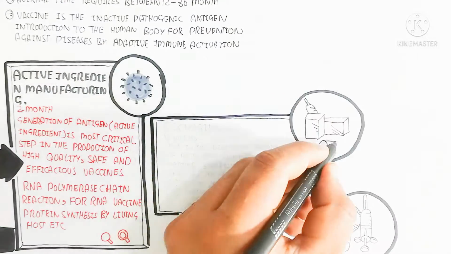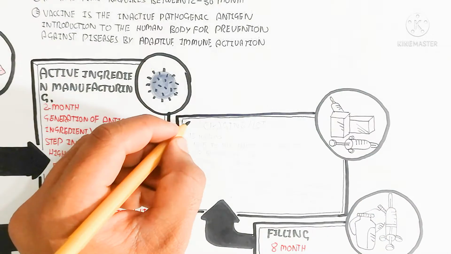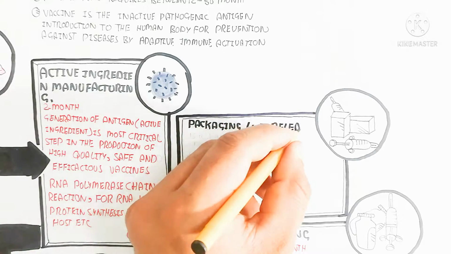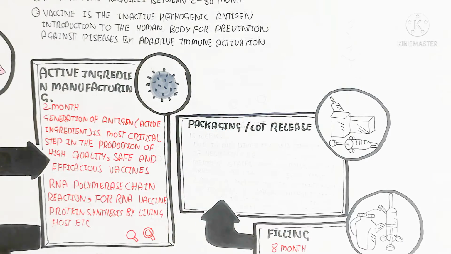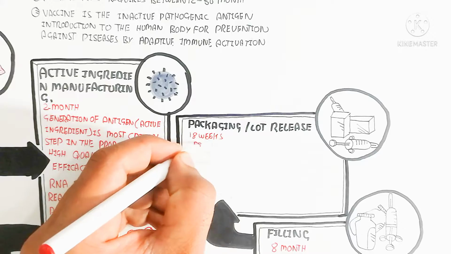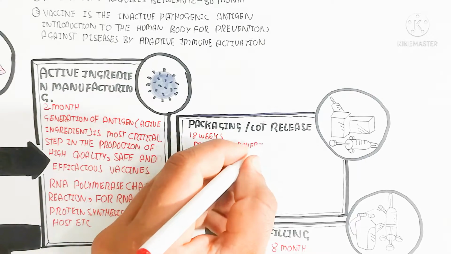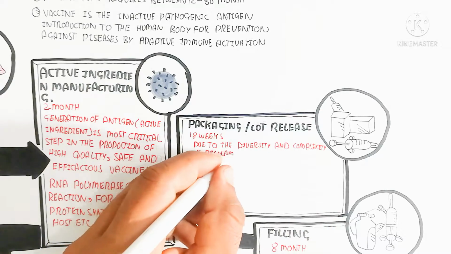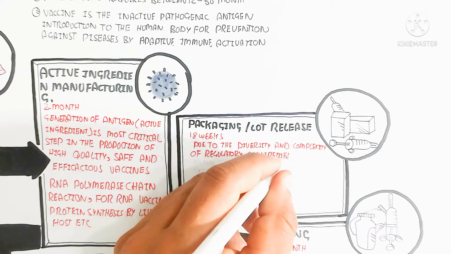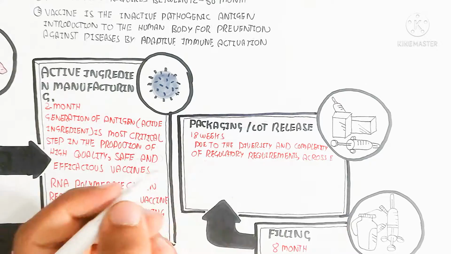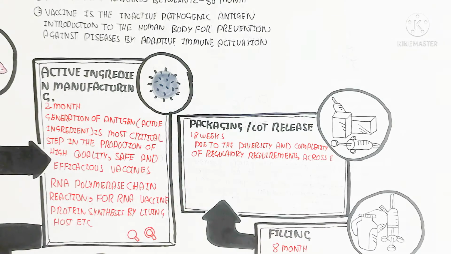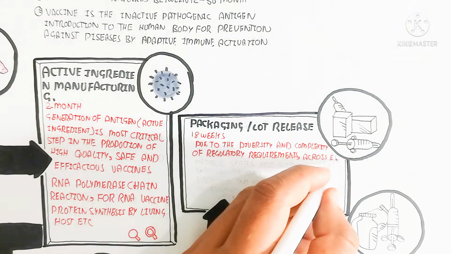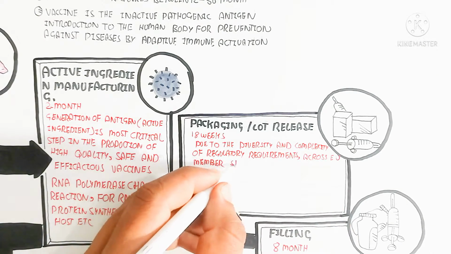After testing by the manufacturer, the next step is packaging and lot release, which requires 18 weeks, due to the diversity and complexity of regulatory requirements across EU member states and globally.